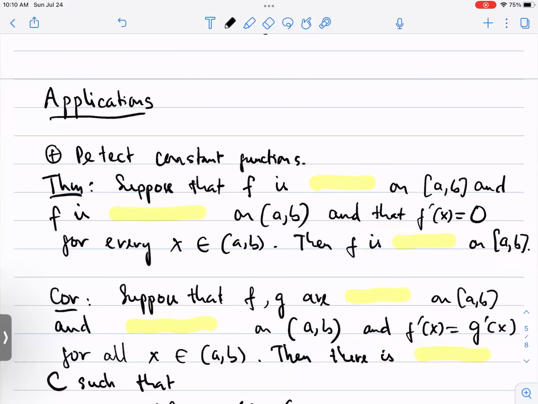Next, we discuss some applications of the mean value theorem. The first application is to detect constant functions. Here is the theorem.